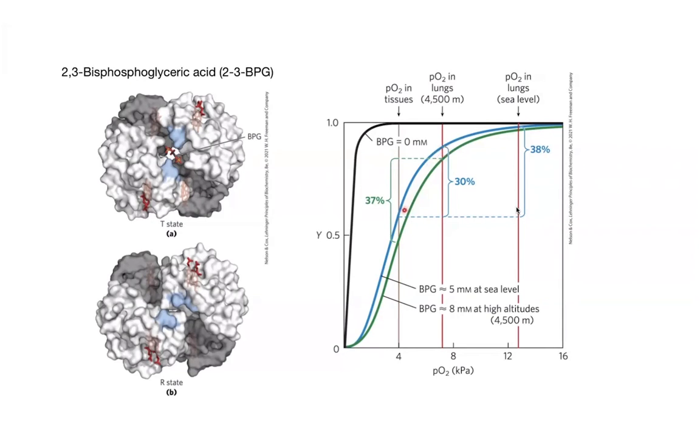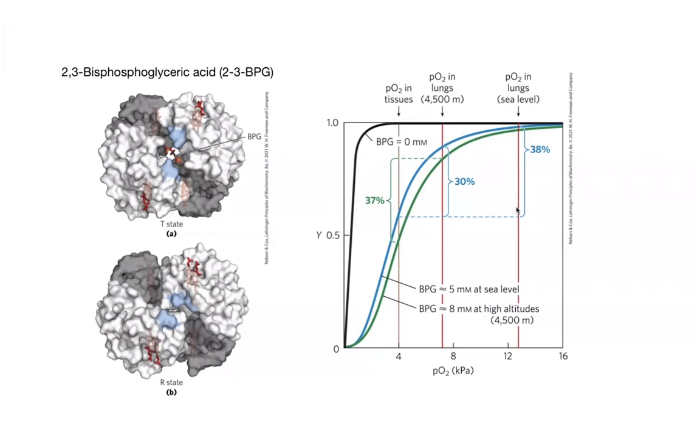And this means that you still release the same proportion in your tissues as you had before, but now you're starting at a lower value. So you have a smaller change. You have less of the oxygen that's actually getting offloaded. One way to counterbalance this is to make more 2,3-BPG.